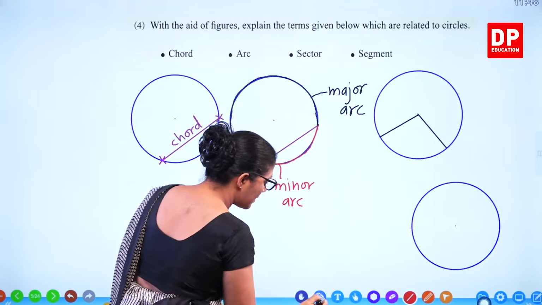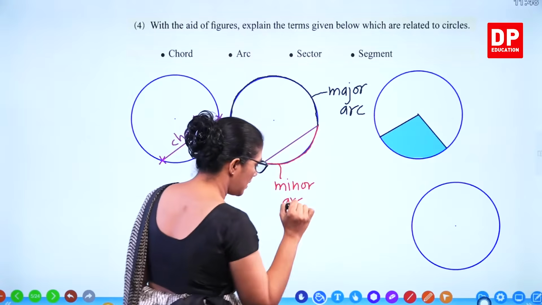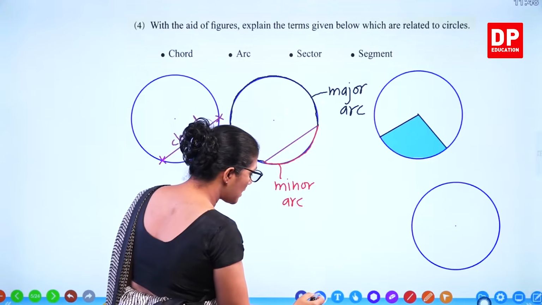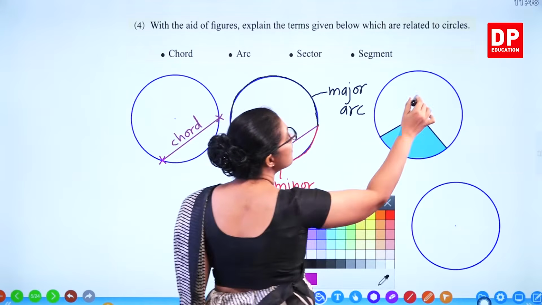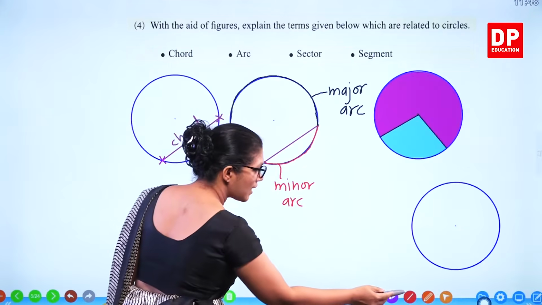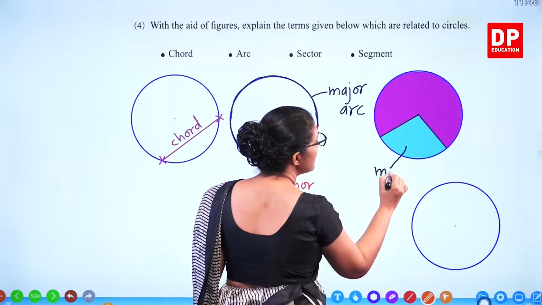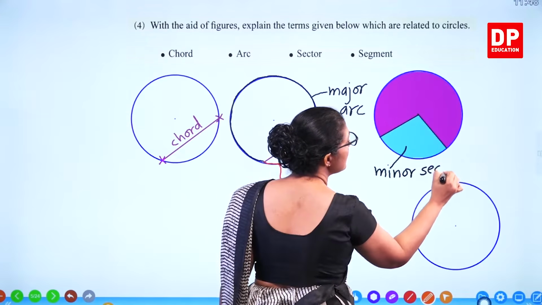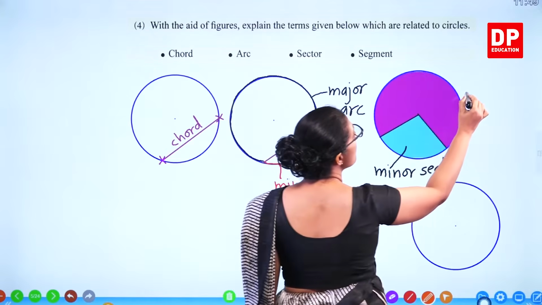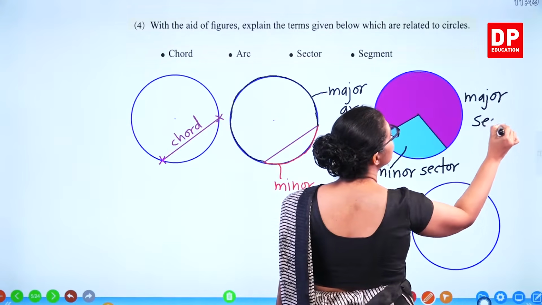So I'll color this. This one is minor sector and this one the major sector. So I write down this one minor sector and this one we call major sector.